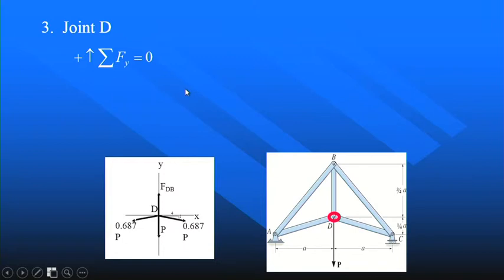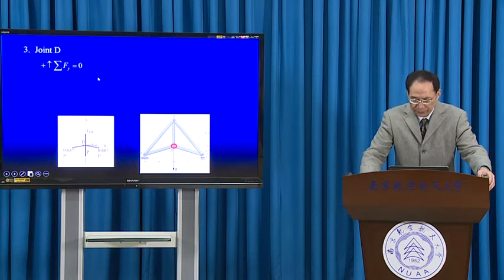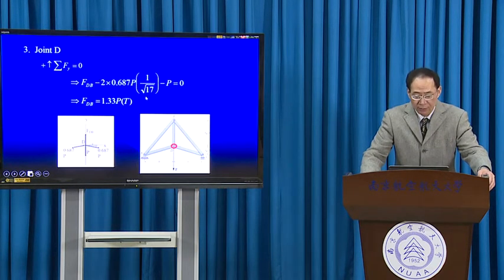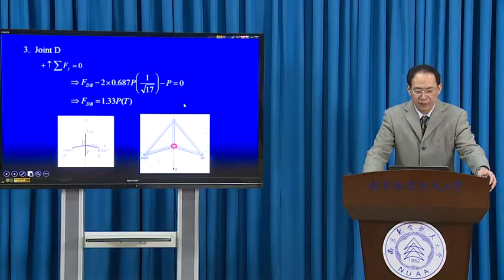Write the equation of projection along y direction. Sigma Fy equals 0. Then we get this equation. Finally, we get FDB equals 1.33 P in tension. So far, we have solved all the unknowns. So this is the method of joints.